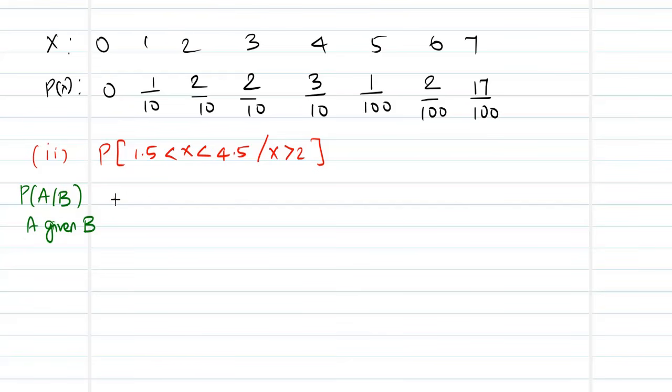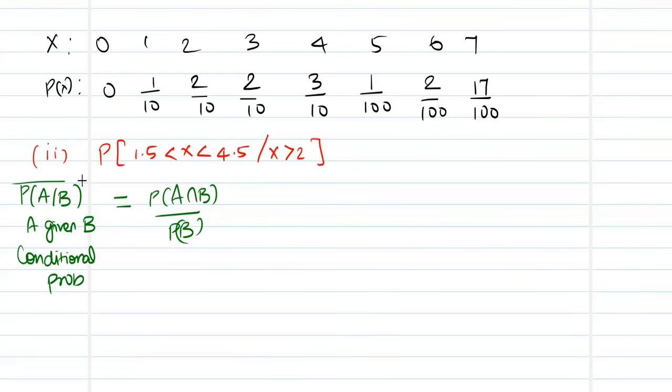So how to find this conditional probability? You call it conditional probability because A is conditioned on B. So this is given by the formula: probability of A intersection B divided by P of B. So probability of A condition B is probability of A intersection B by P of B. Now fix this to the question which is given over here.